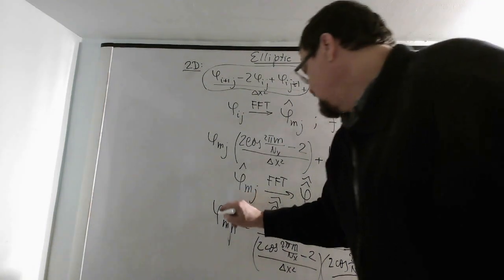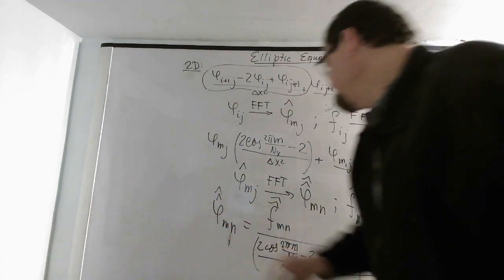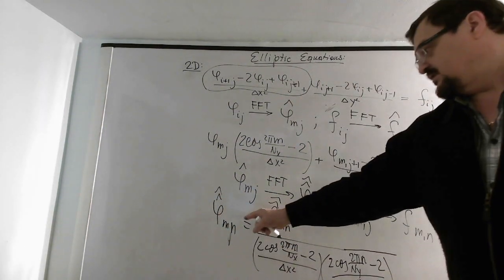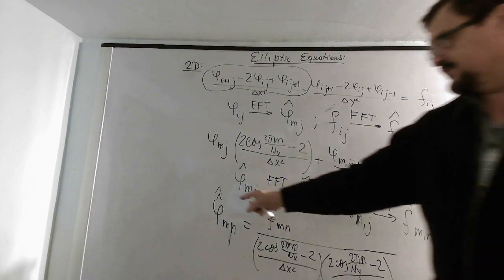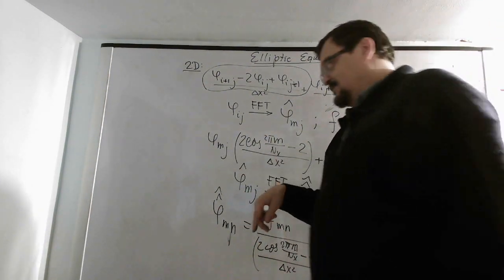And so this one becomes double hat. Yeah, so for each m and n you compute this coefficient, and now you do inverse.